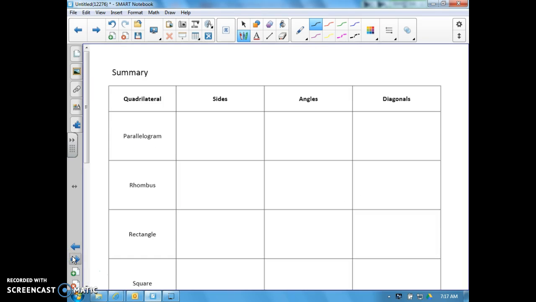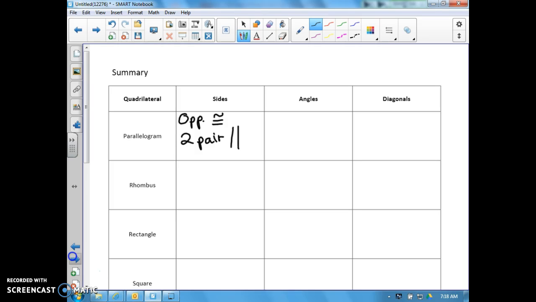All right, now I thought it would be useful to do a summary of all of the different kinds of quadrilaterals we've learned and their properties. So, first is the parallelogram. Things we know about the sides. In a parallelogram, I know that opposite sides are congruent, and I know that there are two pairs of parallel sides.